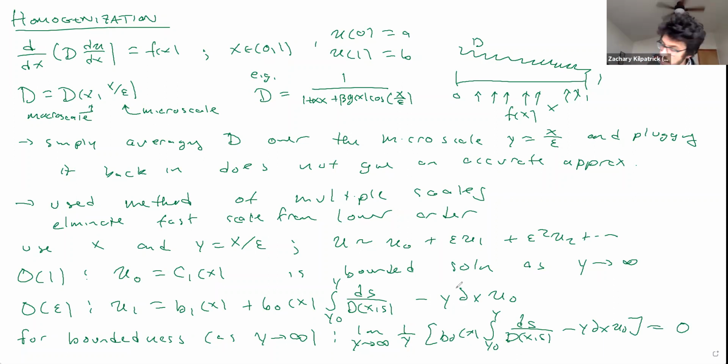Now, this immediately gives us some form of our effective equation for the spatial gradient of u0, and also some sort of effective diffusion coefficient.